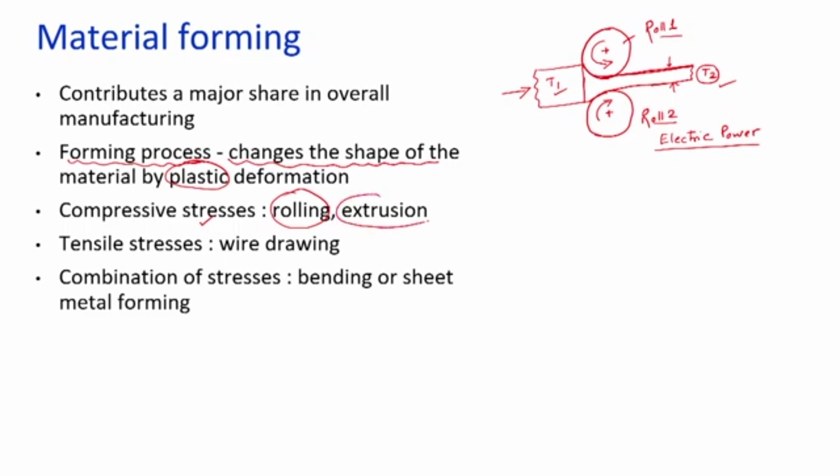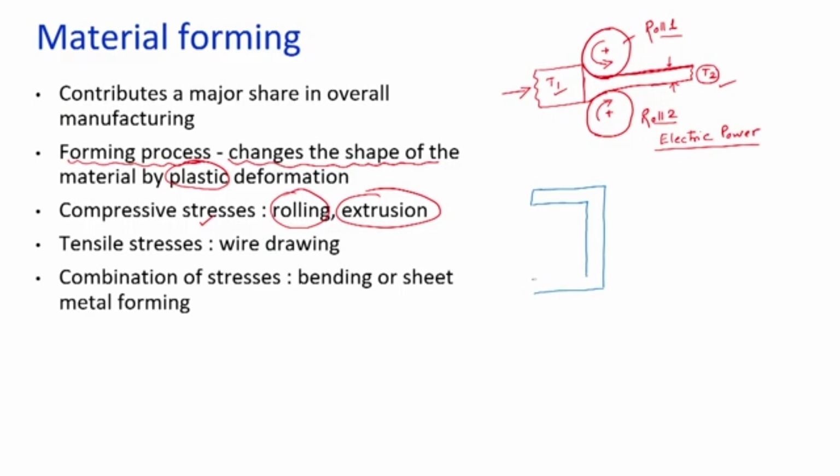There is another process that we call the extrusion process. The extrusion process is used again to make various shapes and to reduce the dimensions of the work parts. In the extrusion process we use dies.